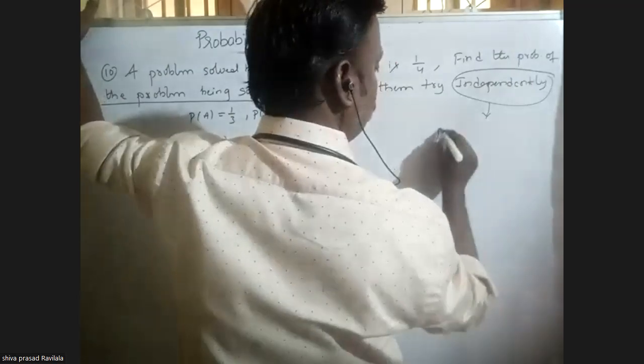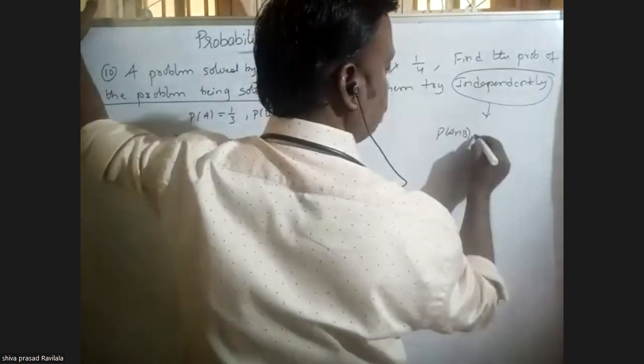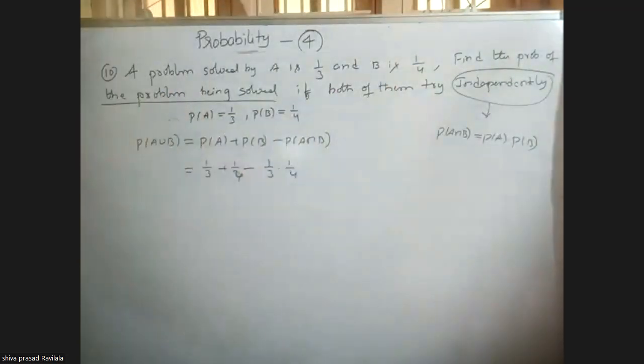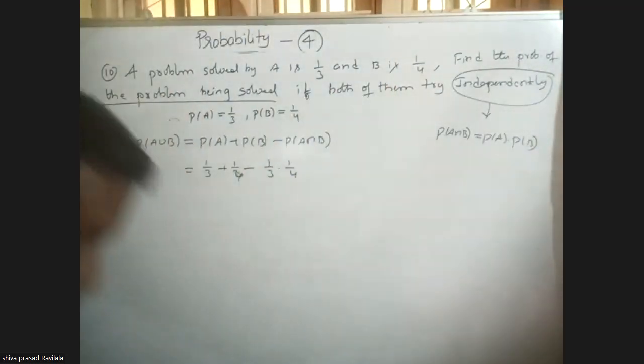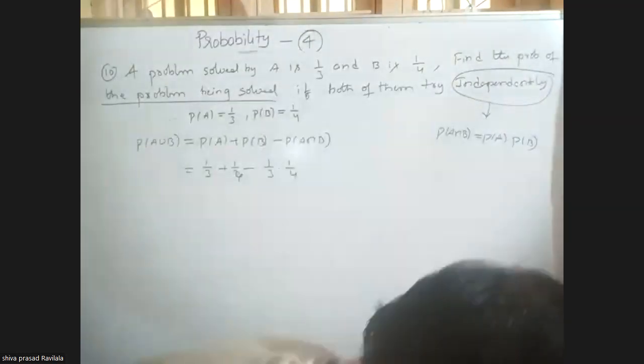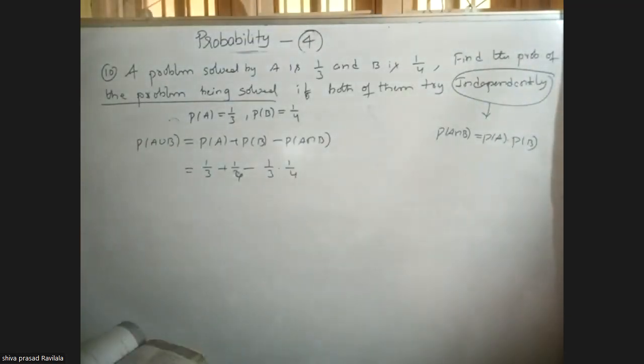Probability of A intersection B is equal to probability of A into probability of B. Do the calculation first. 1 by 2, or 1 by 12? 6 by 12. 1 by 2. 1 by 2, sir. Okay.